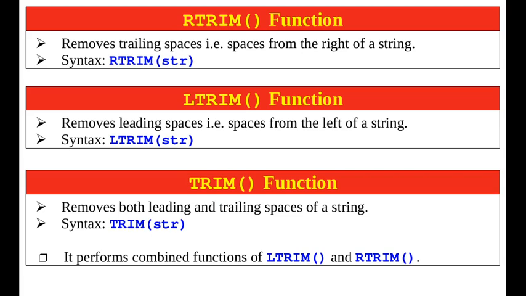Similarly, ltrim function removes the leading spaces or the spaces from the left of the string. And trim function performs combined functions of ltrim and rtrim, means it removes both leading and trailing spaces of a string. The syntax is very simple in all the cases.